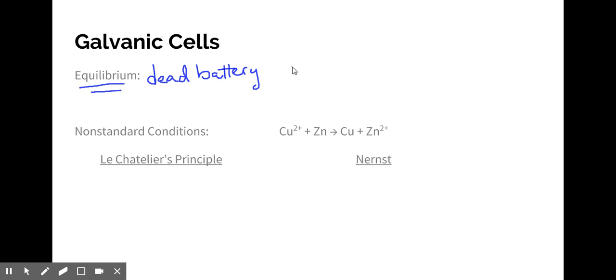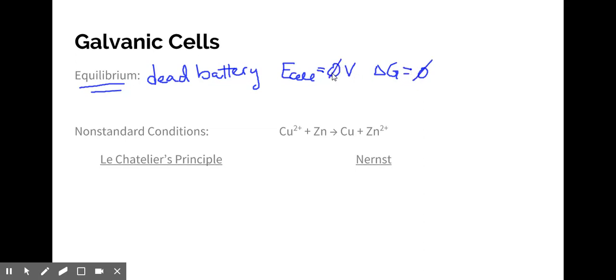Whenever we have a dead battery, these are the things to remember. Your E cell value is always going to be 0 because we have a dead battery. There's going to be no voltage being put out. If we have an E cell of 0, our delta G value is also going to be 0.